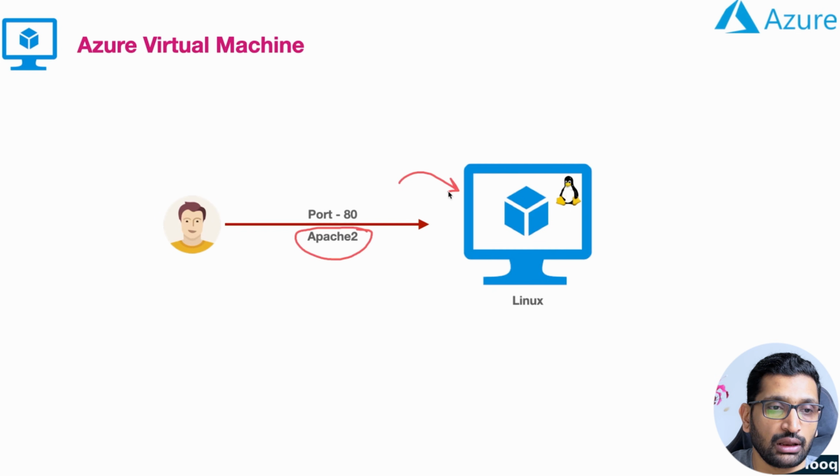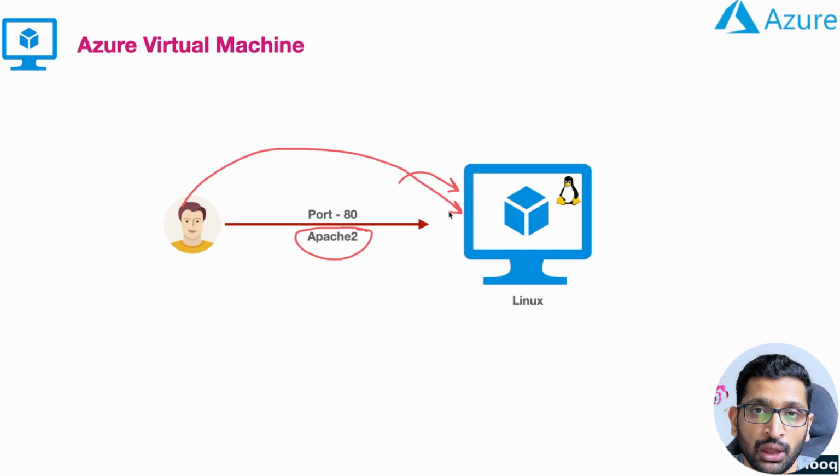This Apache package is running fine on this virtual machine. But if someone like me wants to access this Apache package running on the virtual machine, I need to define a port for that software package. For that we also need to configure a network security group so that we allow port 80 for Apache 2.